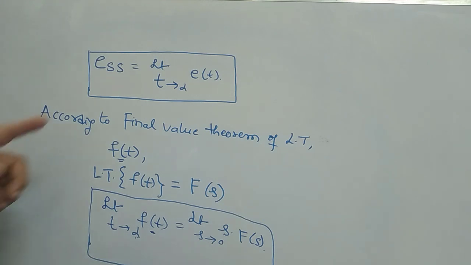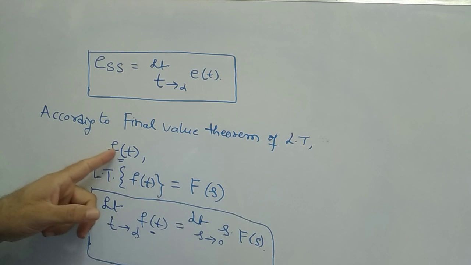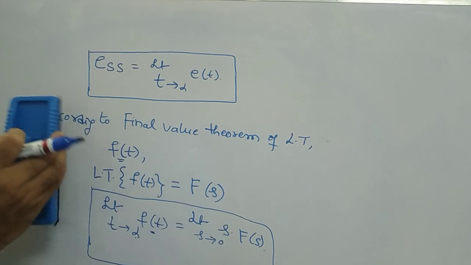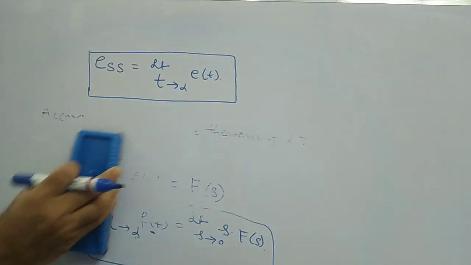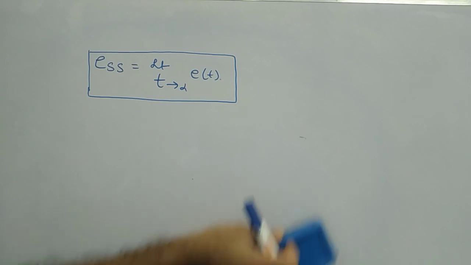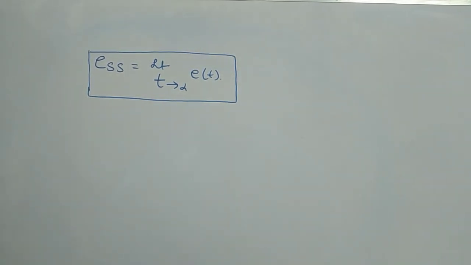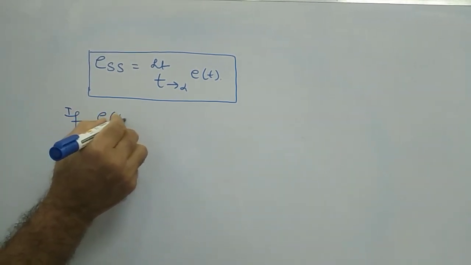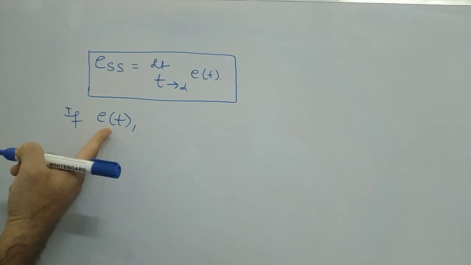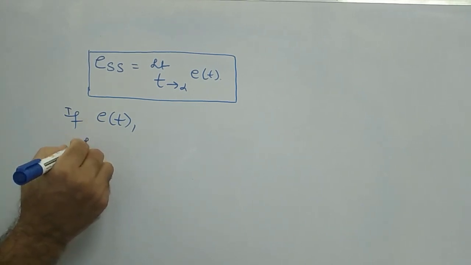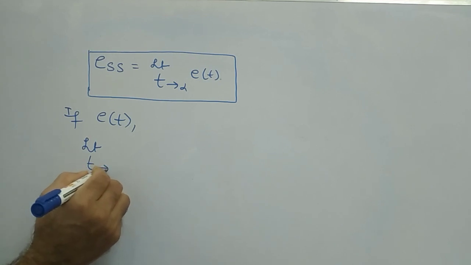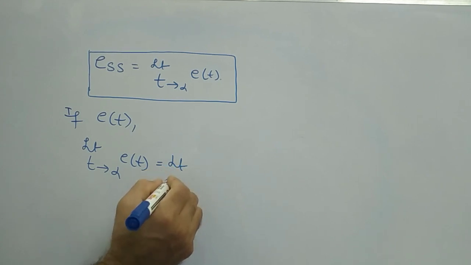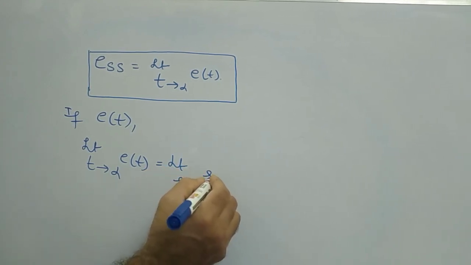Then here your function is e of t. So consider your f of t is nothing but e of t. Let us see what will happen if e of t is our error signal. If you apply the final value theorem to this, then limit t tends to infinity e of t is equal to limit s tends to 0 s into E of s.